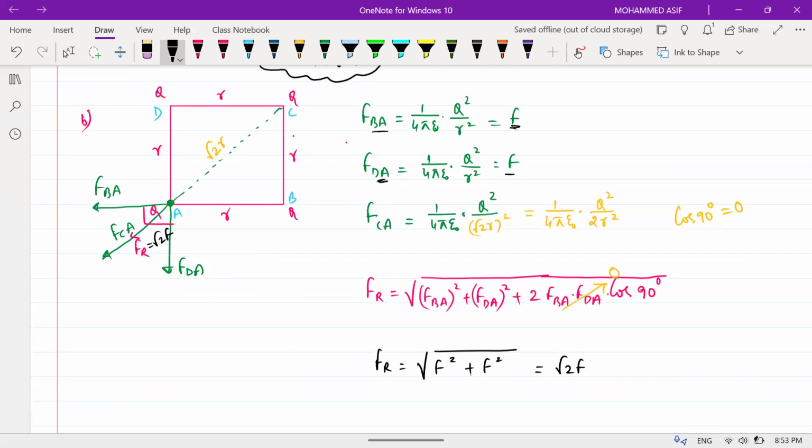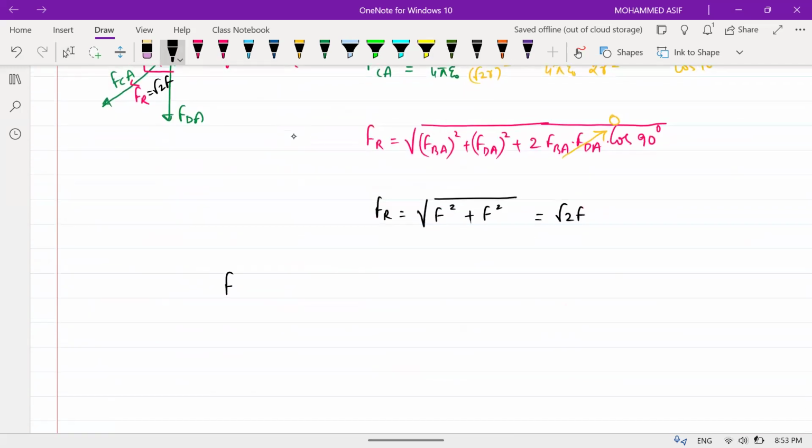Now tell me, what is F net? F net will be equal to how much? See, FCA is acting in the same direction, and root 2 F is also in the same direction. So that will be F net. The CA formula is 1 by 4 pi epsilon naught into Q square by R square, and root 2 into F value is 1 by 4 pi epsilon naught into Q square divided by R square.